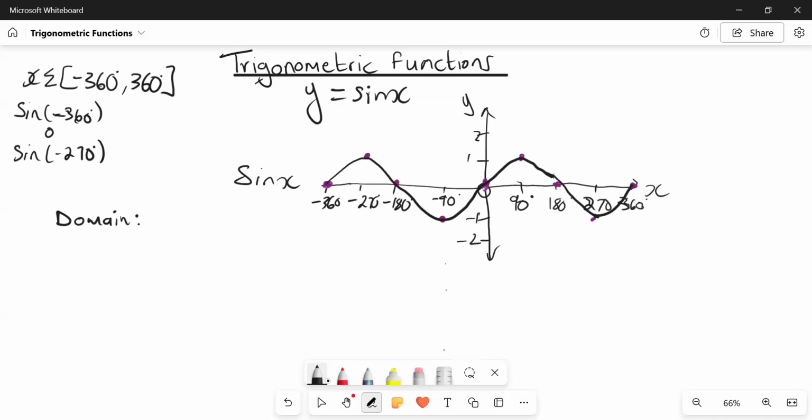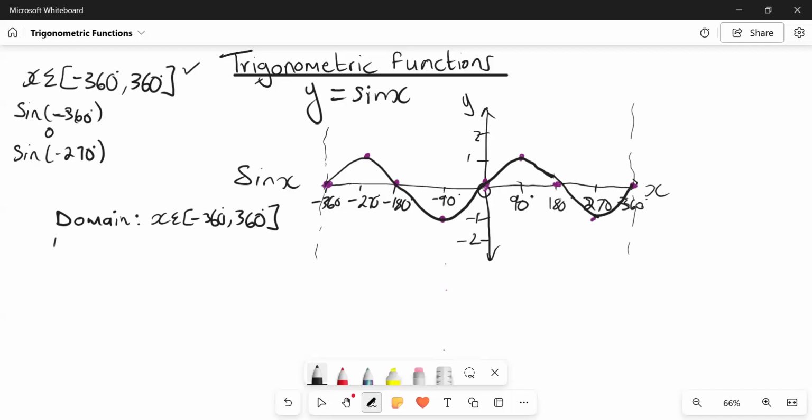So what is domain? For domain, we are saying, where do you see your graph in terms of x? You see our graph from negative 360 to positive 360. So basically, this is our domain: x is an element of negative 360 to 360.